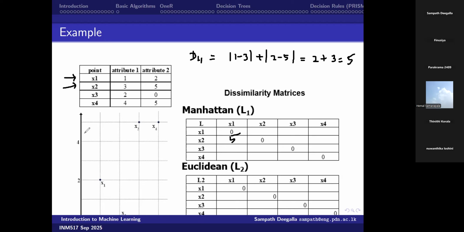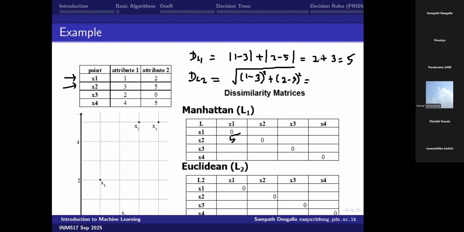Similarly, if you take the Euclidean distance, let's say L2, you take the square plus the square, and then take the square root of this.